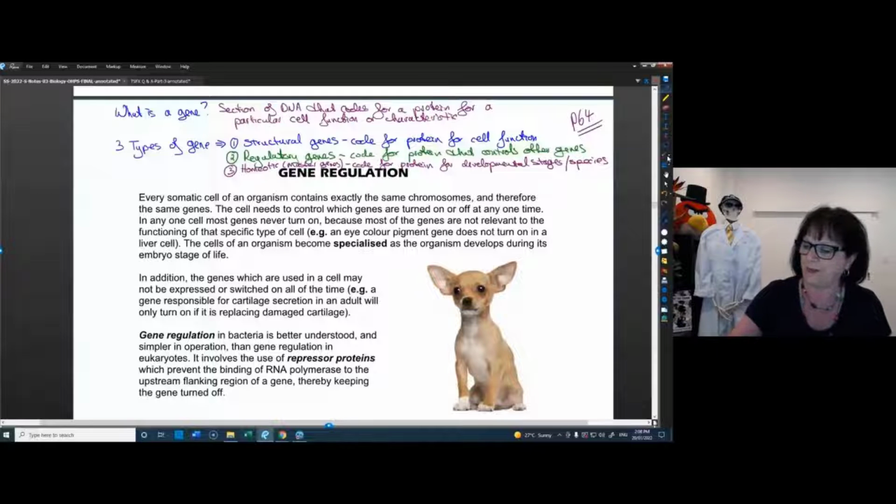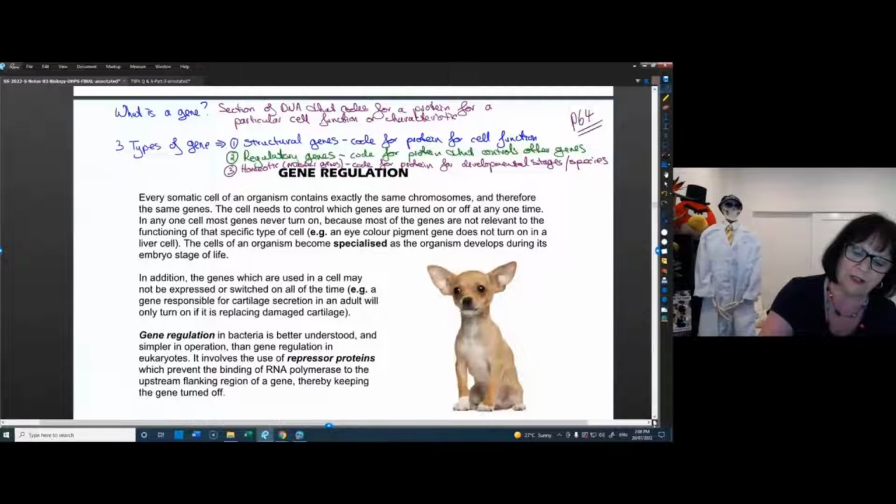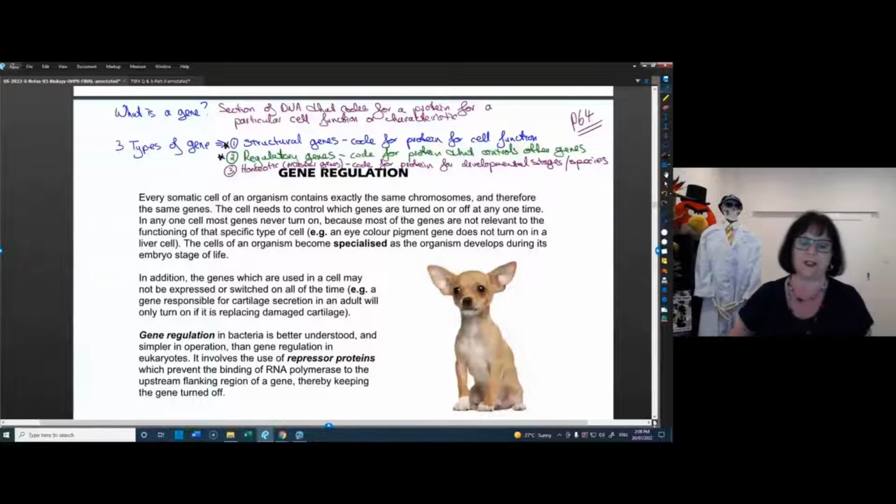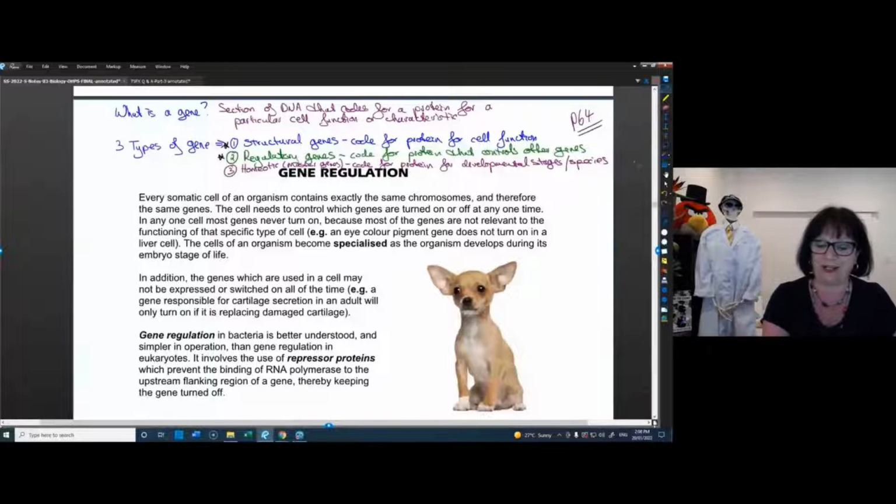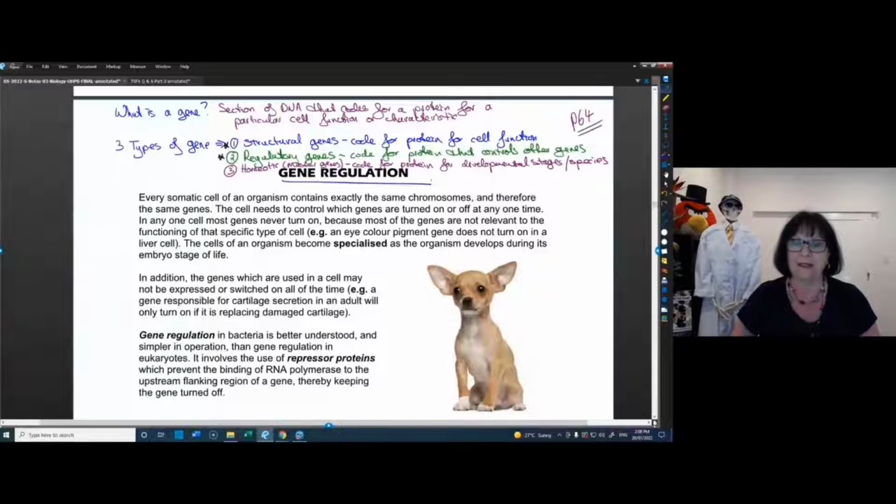But for our purpose at the moment, we're just going to be talking about this relationship between the structural gene and the regulatory gene, which means this is what gene regulation is all about. Now, I'm not sure how much you know about going from that very first cell that formed you into what you are now.